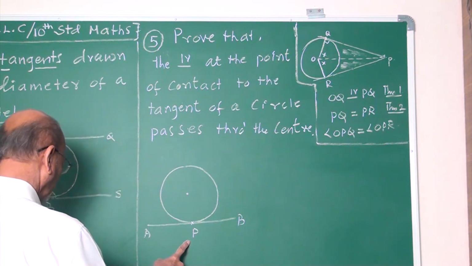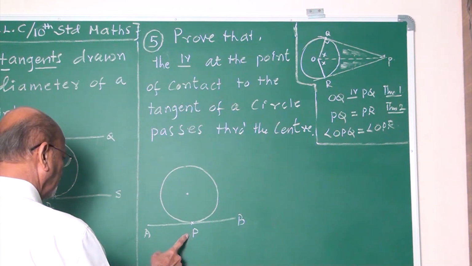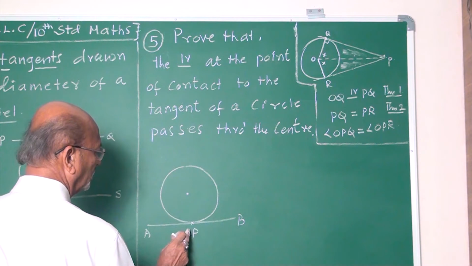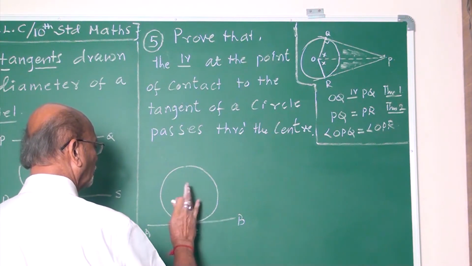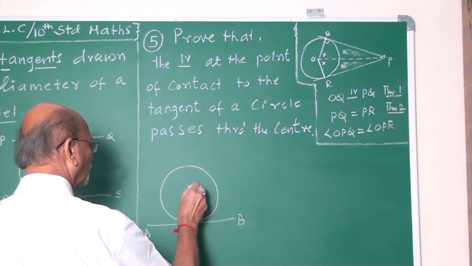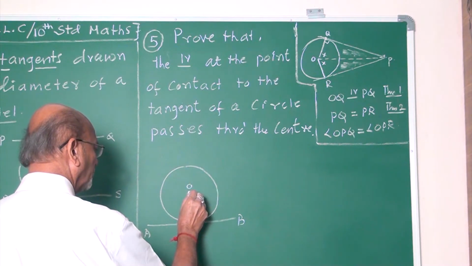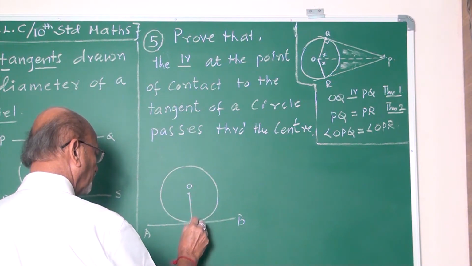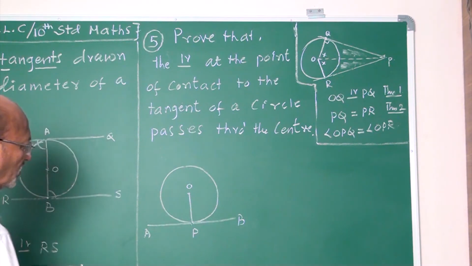Then you want to prove that the perpendicular from P, which is on the tangent, passes through the center of the circle. This is O. The perpendicular from here, you want to prove, passes through the center of the circle.